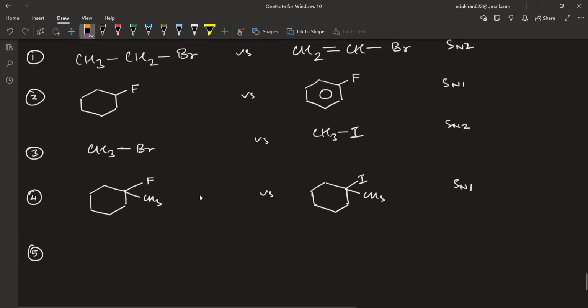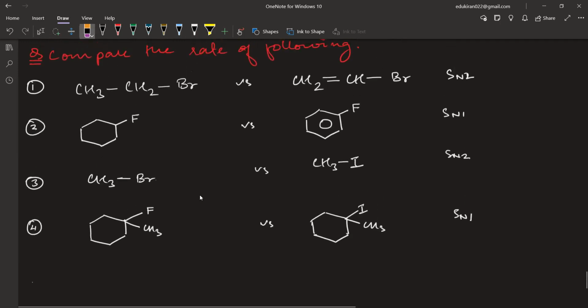Do four questions. All of these are A, all of these are B. Which will be higher? You can write in chat A, B, C, something like that.